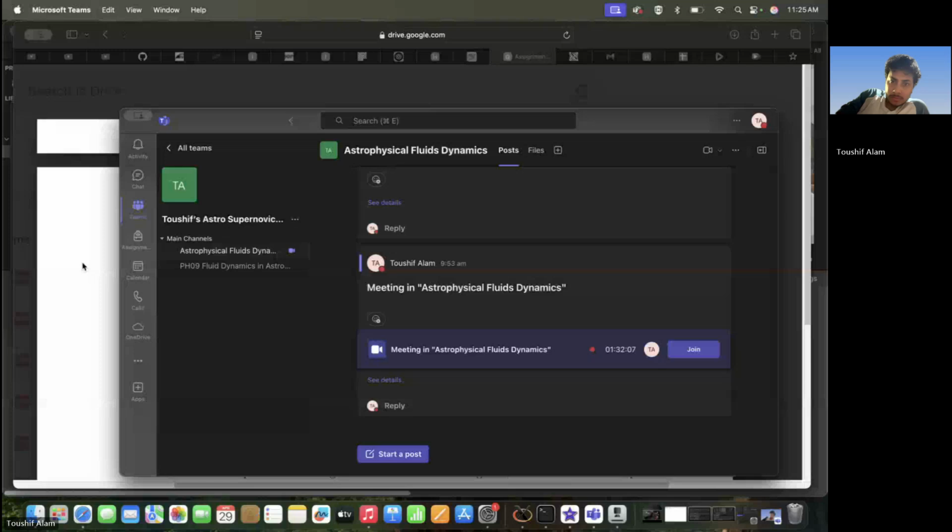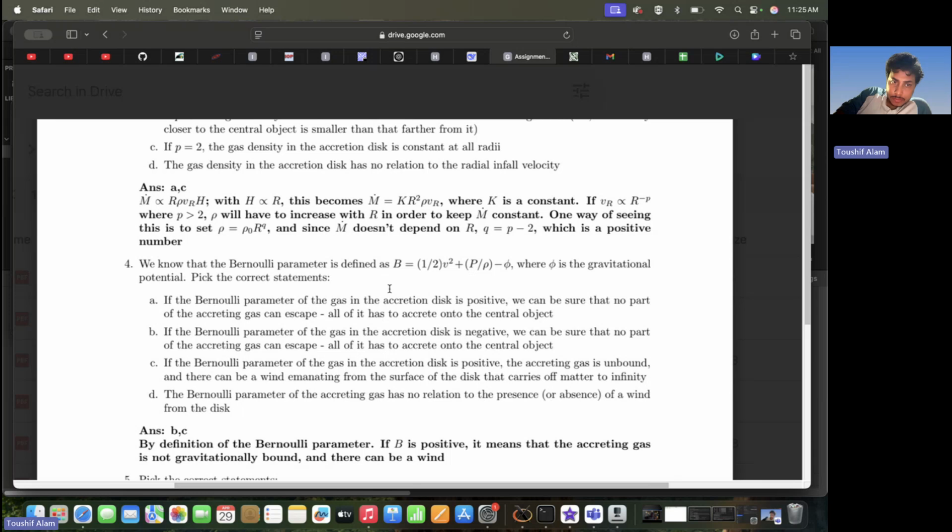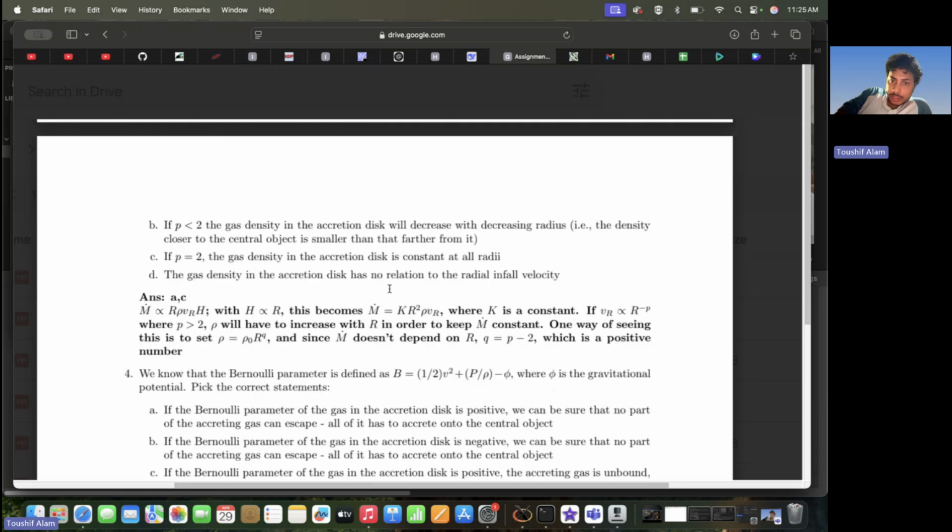So let's head on to the next one. You understand now that m dot doesn't depend on r, so q is equal to p minus 2, which is a positive number.